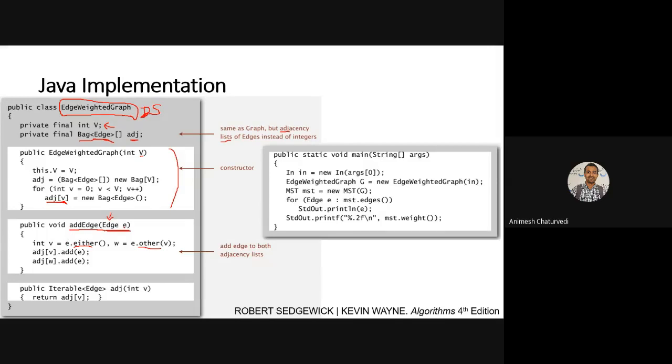So e will be set for the first node. Either will return the first node, meaning the source node as V, and the target node, the second node, as W. So V and W are sent, and in the adjacency list, this e is assigned. That edge e is added to the adjacency of W.